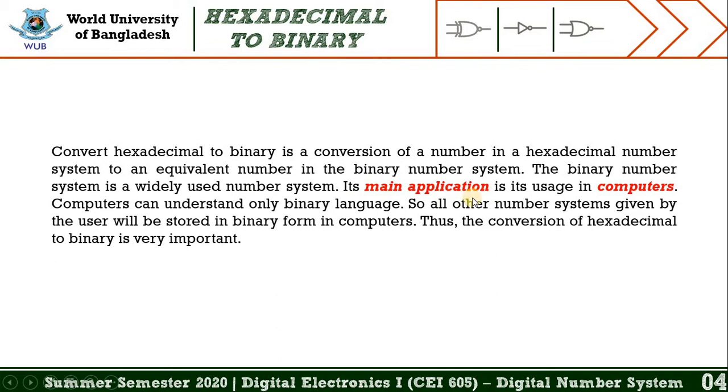Its main application is its use in computers. Computers can understand only binary language, so all other number systems given by the user will be stored in binary form in computers. Thus the conversion of hexadecimal to binary is very important. So let's move into the next slide.